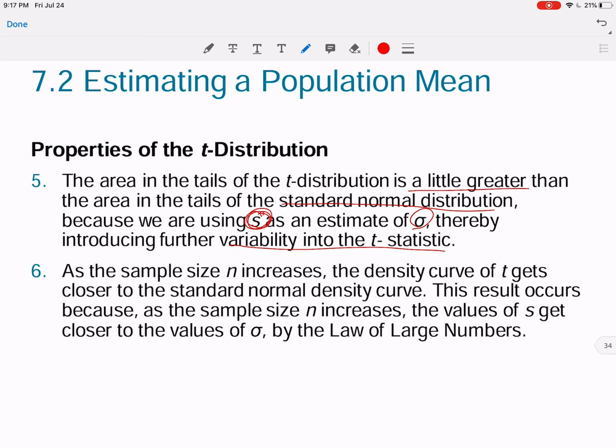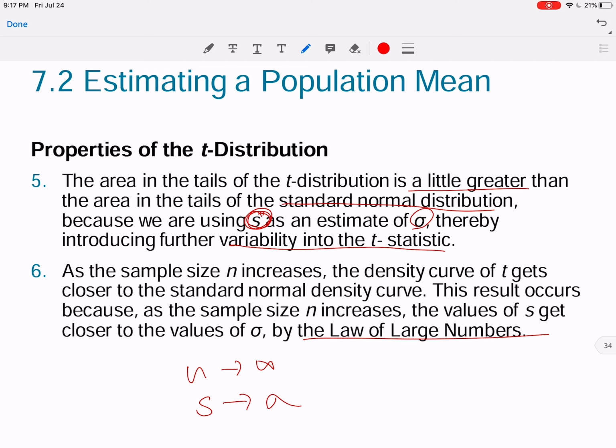Number 6, as the sample size n increases, the density curve of T gets closer to the standard normal curve. This result occurs because as the sample size n increases, the value of S gets closer to the value of sigma by the law of large numbers. So as n goes to infinity, the sample standard deviation gets closer to the population standard deviation.